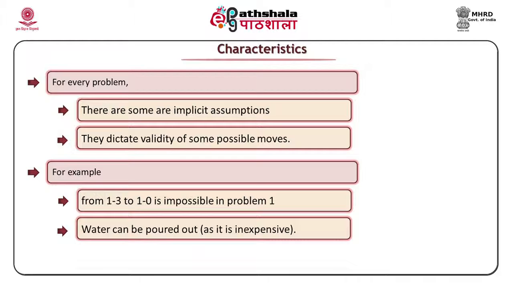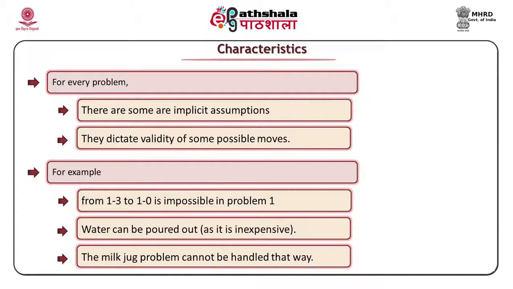This is not stated in the problem itself, but we assume that. Unlike that, we can't pour milk out of the jug. Why? Milk is expensive. You cannot pour it out. So these are implicit assumptions in the problem itself. How to get them is a hard problem. Sometimes people say it's a question of common sense, but common sense, believe me my friend, is very uncommon.